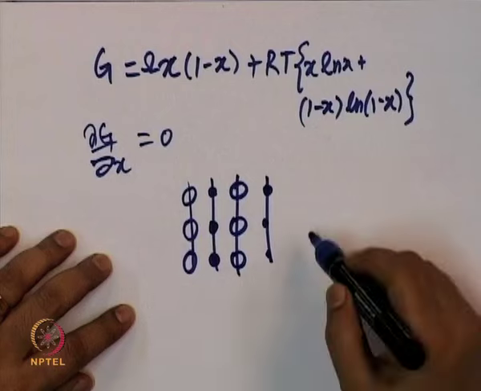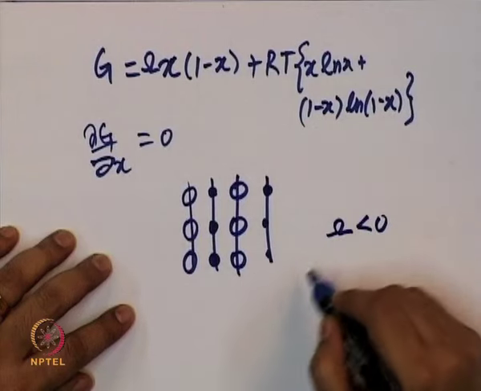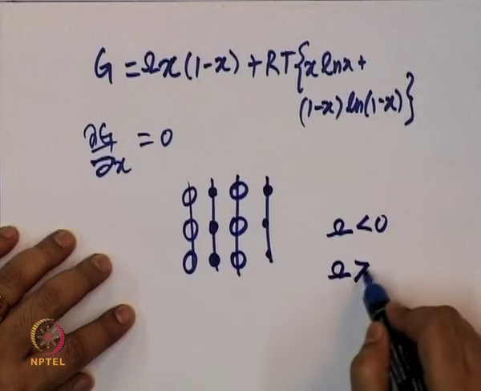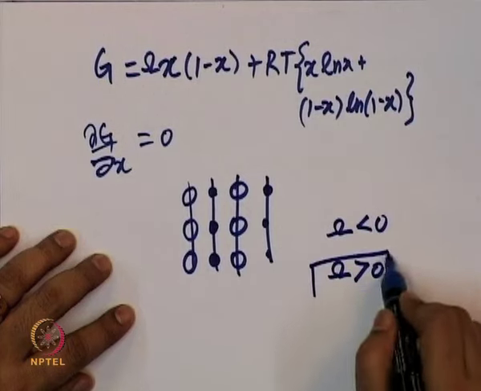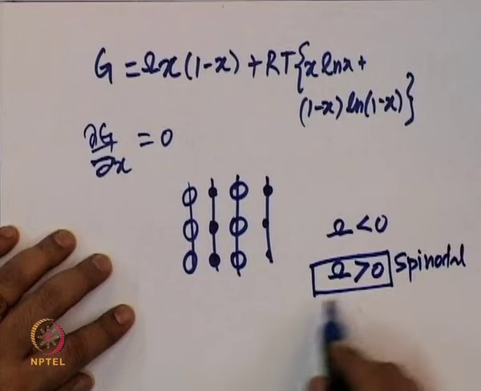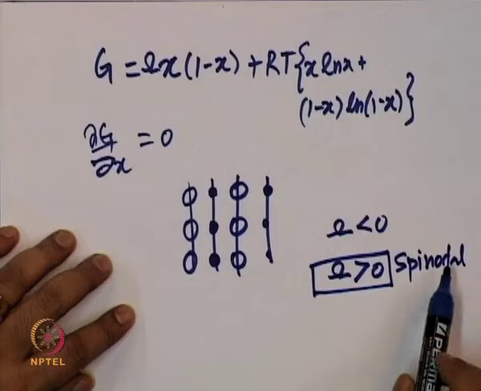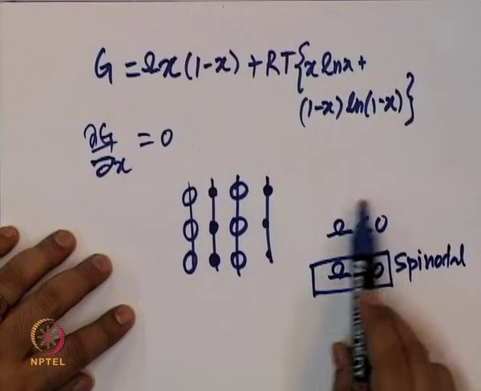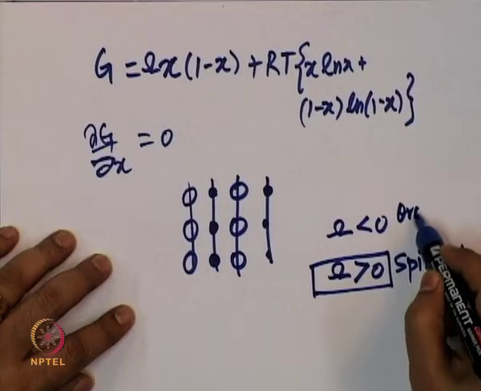This happens only when omega is less than 0. So, we started with a case where omega is greater than 0, because that is what is related to the spinodal, and we wrote a diffusion equation and solved it, and we end up with a solution which corresponds to the ordering case.